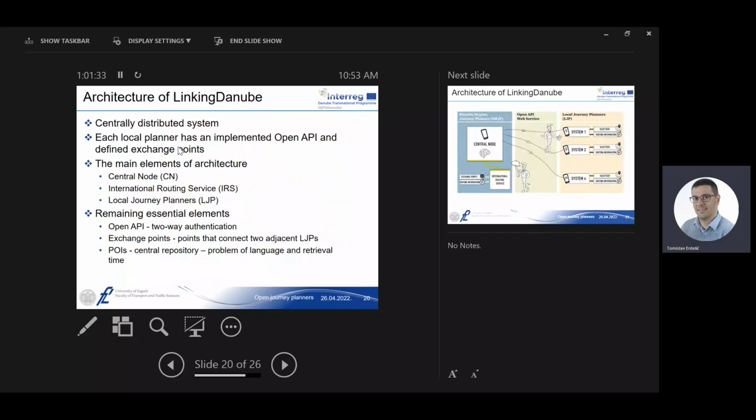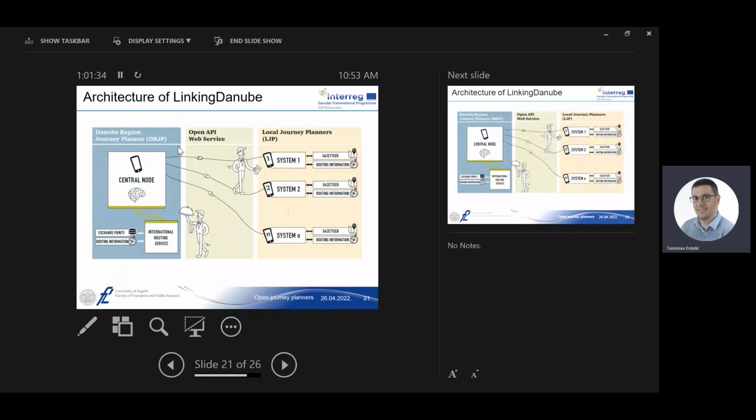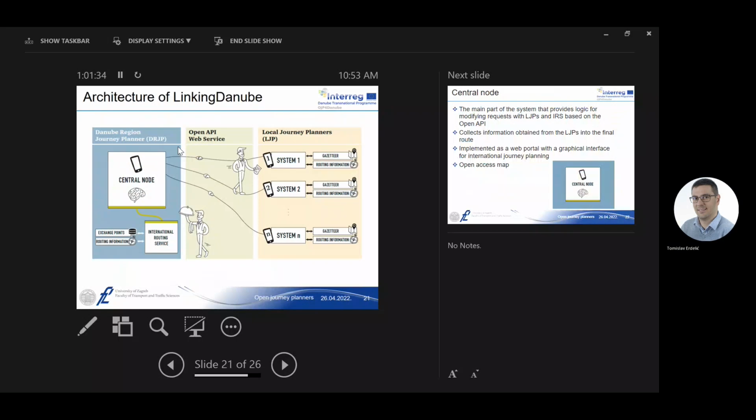Here is how it works. It's not completely distributed. When you make a request, it goes to the central node, and the central node decides which journey planner to call. If you're not going to another country, it just plans the route within the country and returns it to the local journey planner that called the central node.